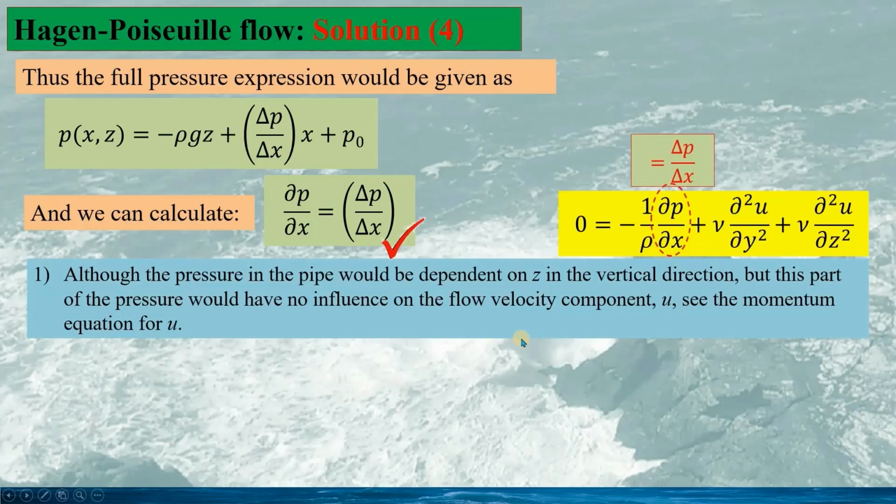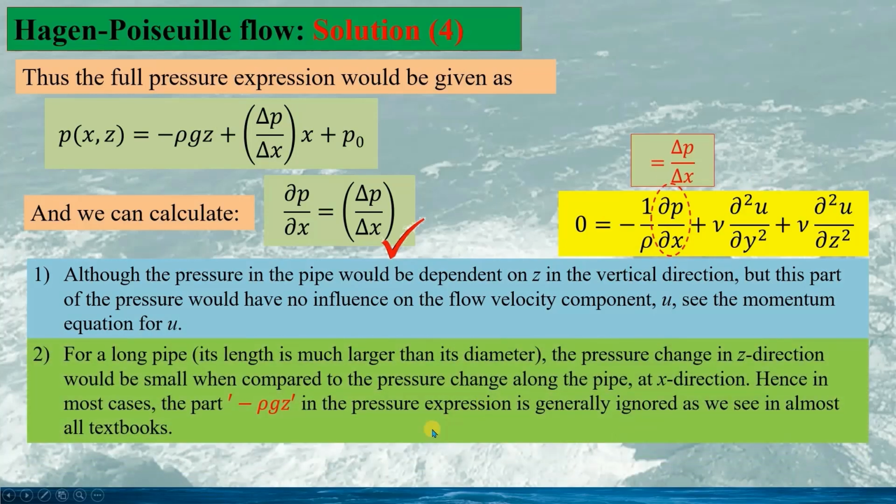Now we look at the problem. Although the pressure in the pipe would be dependent on that in the vertical direction, this part of the pressure, minus ρgz, would have no influence on the fluid velocity component u from this equation. And for a practical purpose, the pipe is a very long pipe.